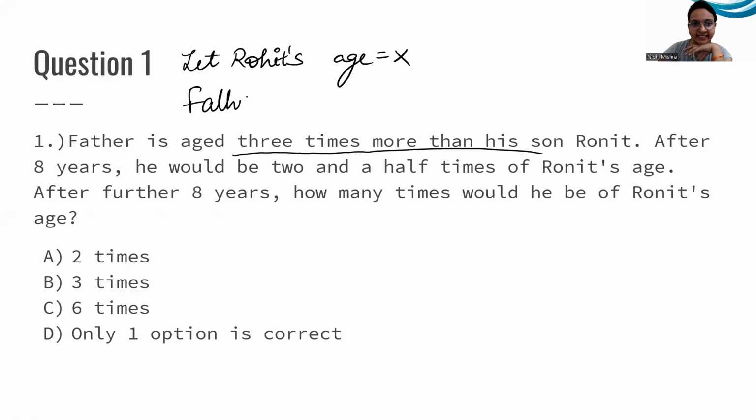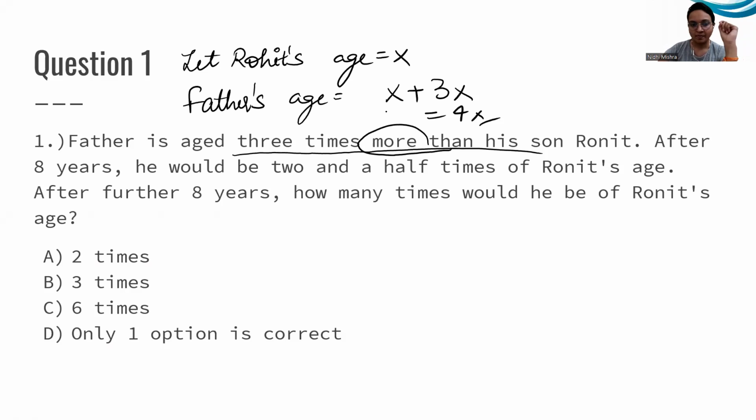So father's age is Rohit's age plus, father is aged 3 times more than his son. Here, more than means addition, not multiplication. Father's age is Rohit's age plus 3 times of Rohit's age. So father's age is 4 times of Rohit's age.